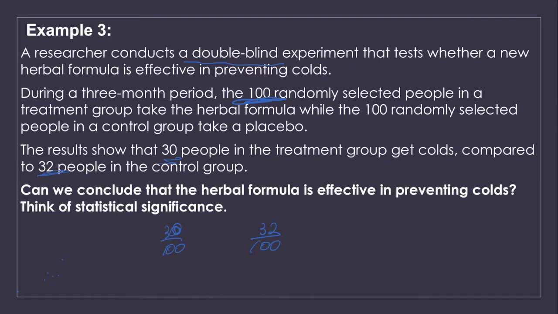So I want you to think about what number would have had to get colds in our treatment group in order for you to feel like it was statistically significant. Would it be 15, almost half of those who got sick in our placebo group? Would it be 10? Would it be 5? Try and get a gut feeling for yourself of what you think would be statistically significant.